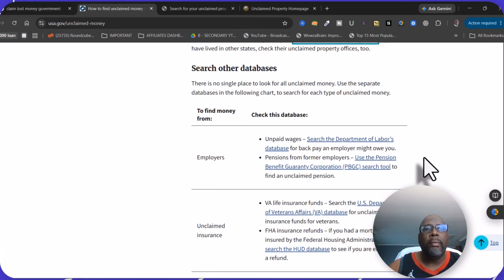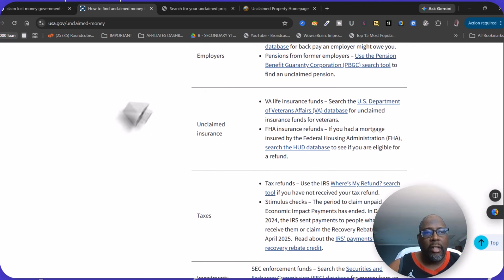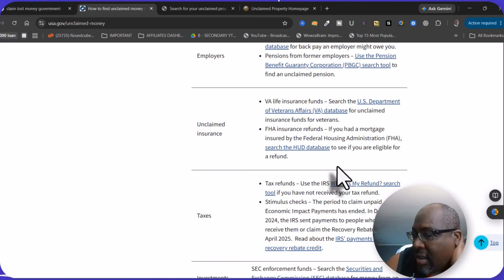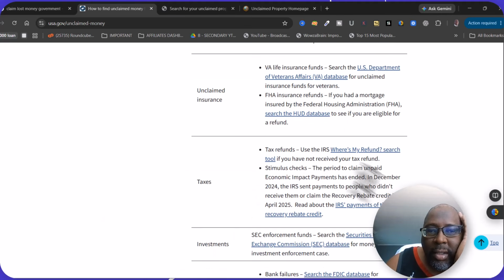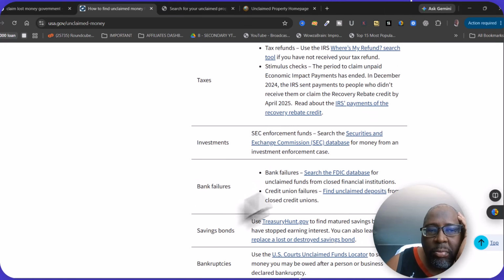And you may be able to claim that as well. Insurance. You may have had an insurance policy that may have gone under. So you can check to see if there's insurance, taxes, investments, bank failures. So there may be banks that owe you money.